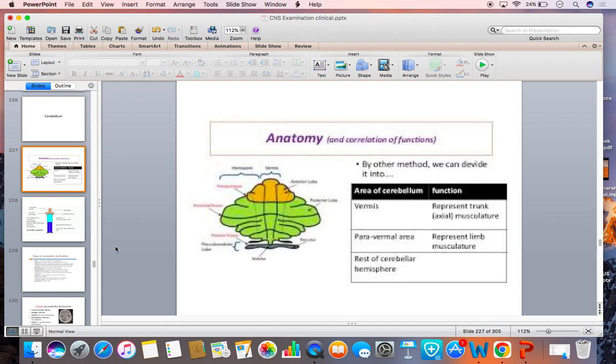The cerebellum has two hemispheres, the cerebellar hemispheres, in which the body is represented, and the truncal musculature is represented in the vermis, and the flocculonodular lobe is responsible for maintaining the balance of your body.